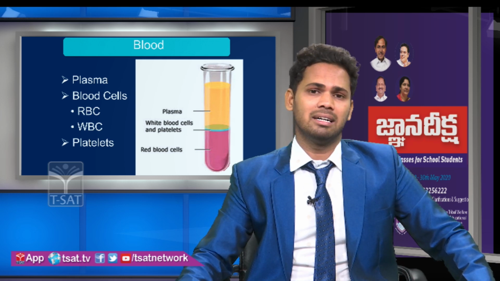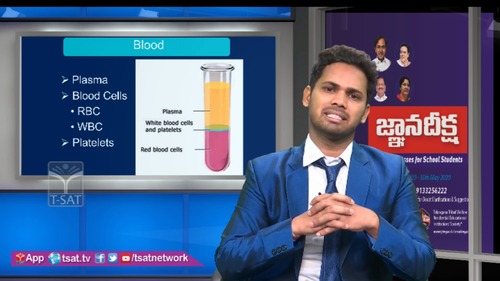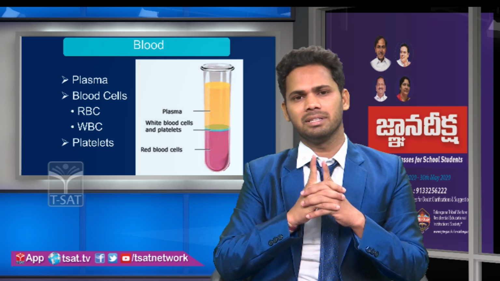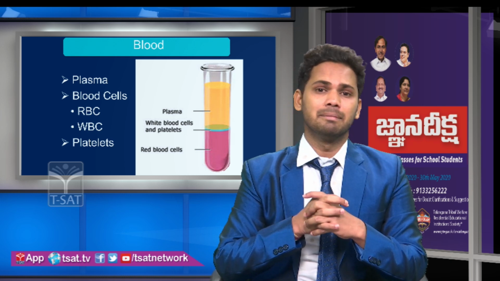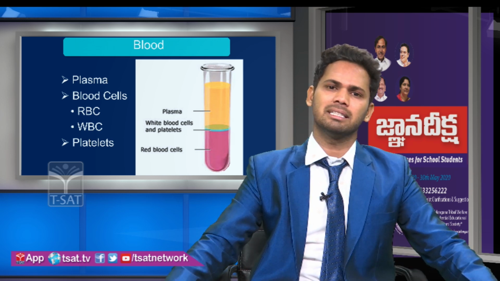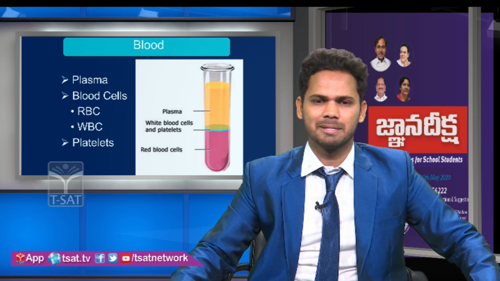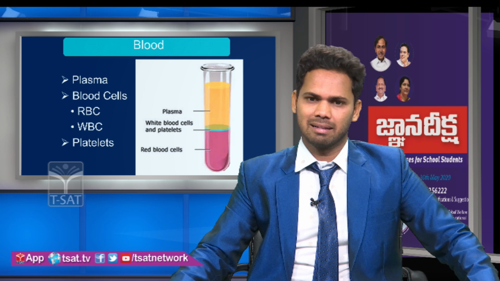And we are going to learn a very interesting thing. 3 types of blood cells we observe in the blood. The first type of blood cells are RBC, red blood cells. The second type are WBC, white blood cells. The third type are called platelets.